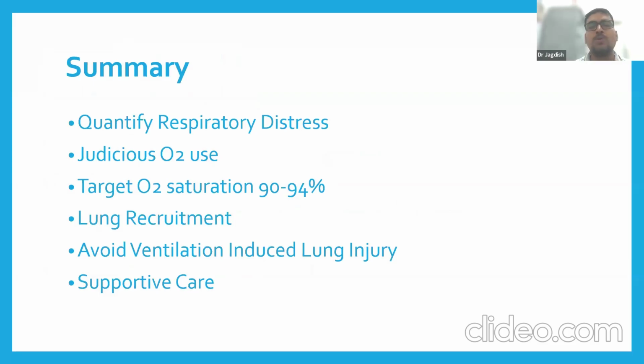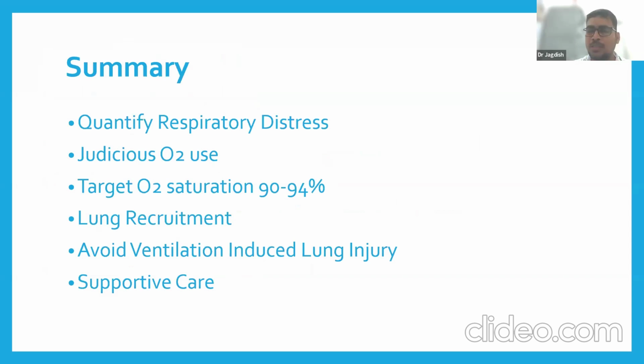So coming to the summary, whenever we are receiving a baby, don't get satisfied with the respiration rate only or retraction only. Always have a quantification of the amount of respiratory distress the baby has, the respiratory distress score. For a term baby, prefer Downes score.